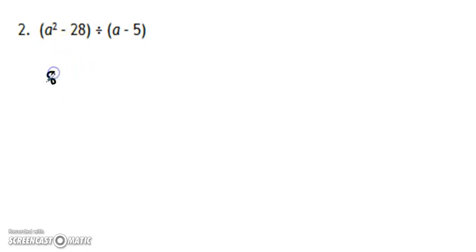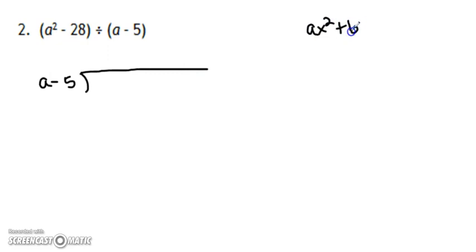Okay, so a minus 5 is what we're dividing by, so that goes on the outside. And then inside, I want you to notice, that's quadratic, right? So normal quadratic, ax squared plus bx plus c. Do you see how we've got something squared and a number but nothing in the middle?